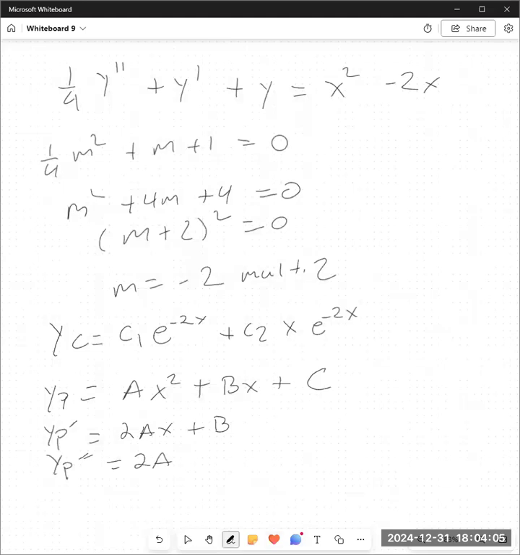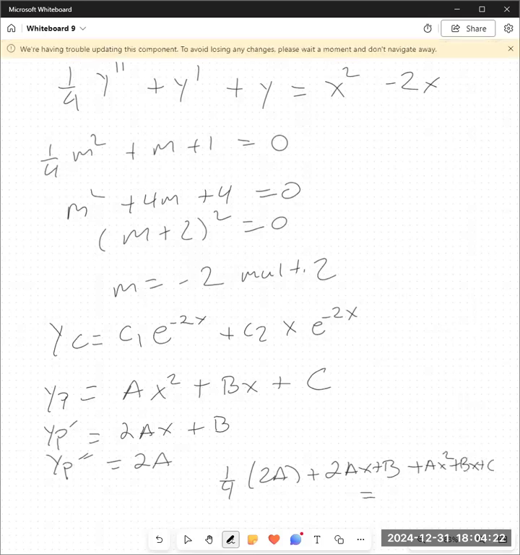So we have 1/4 of 2a plus 2ax plus b plus ax squared plus bx plus c needs to equal 1x squared minus 2x plus 0.